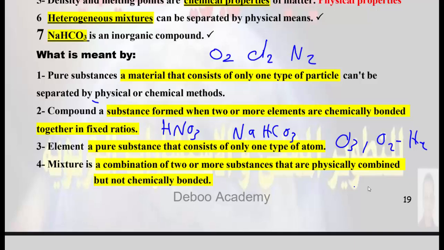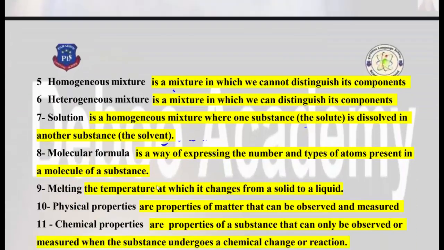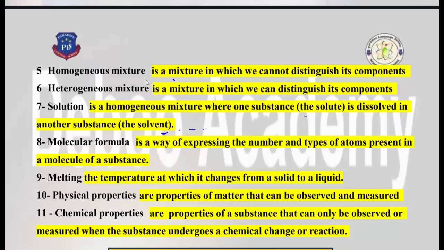A mixture is a combination of 2 or more substances that are physically combined together but not chemically bonded. Number 5, a homogeneous mixture is a mixture in which we cannot distinguish its components. A heterogeneous mixture is one in which we can distinguish its components.